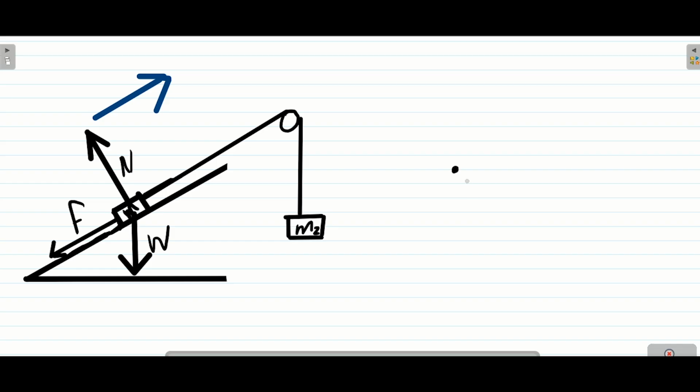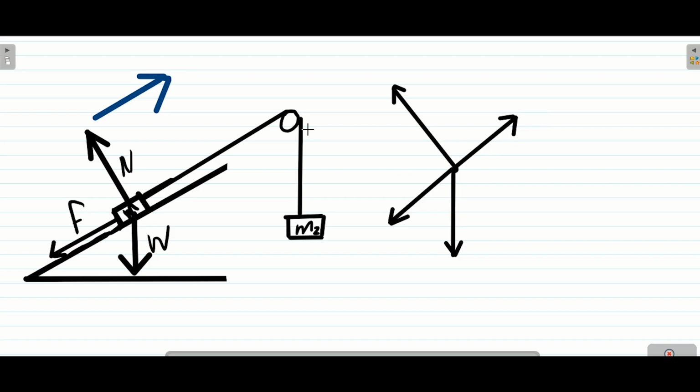We already have a couple of forces that we are aware of acting on that object, which is again weight pulling it downwards, the normal force perpendicular to the surface, frictional force pulling it back, and another force pulling it upwards.